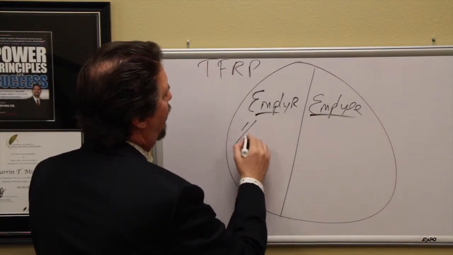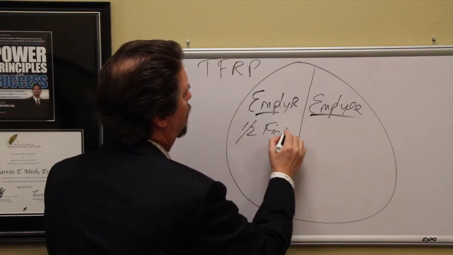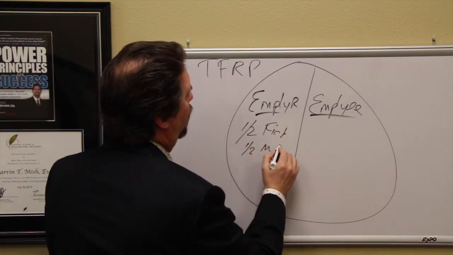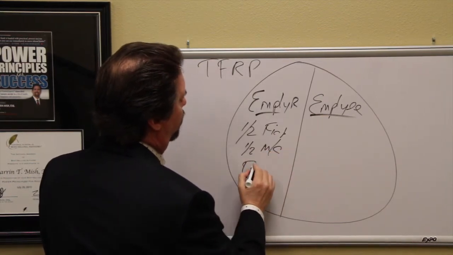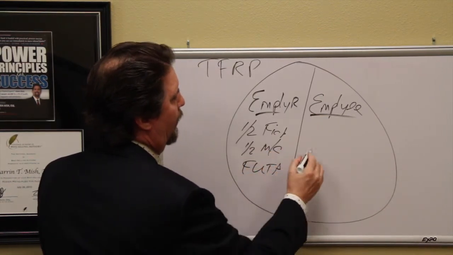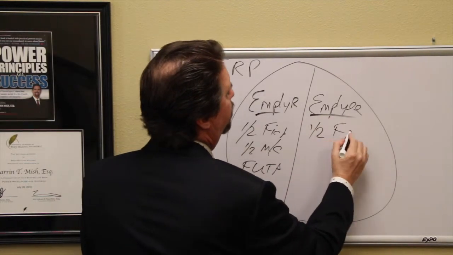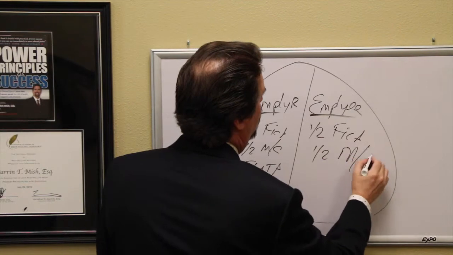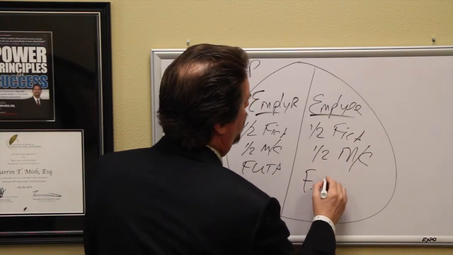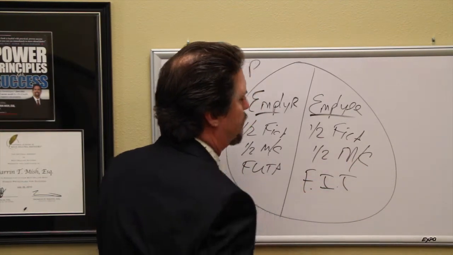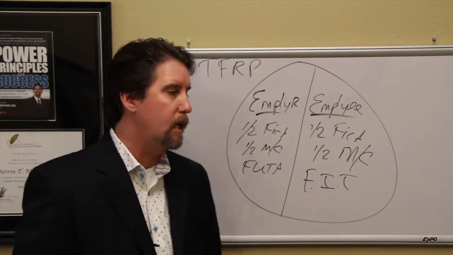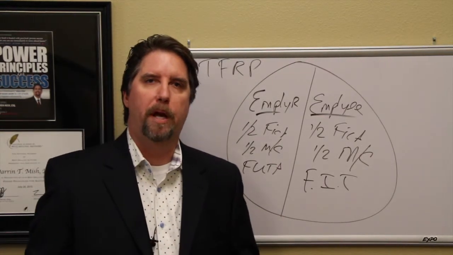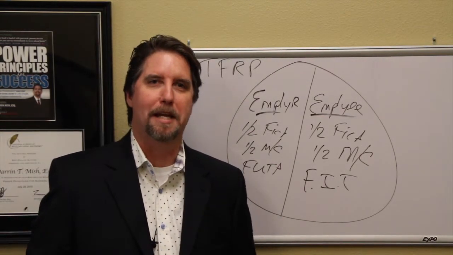So what we have in each half is half of FICA, half of Medicare, and over here you have the FUTA, the federal unemployment tax. And over here you have half of FICA, half of Medicare, and you have the federal income tax. What this means is, when you get your paycheck, there's this large chunk that's taken out of that.